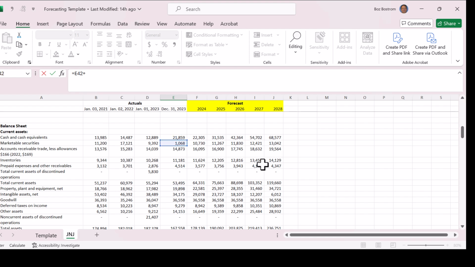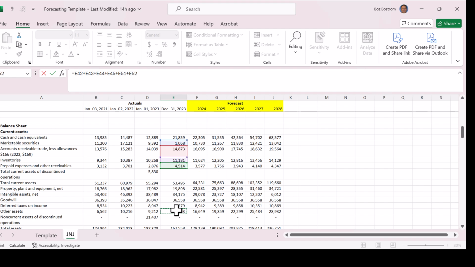But marketable securities plus accounts receivable plus inventories plus PP&E, I don't need to do this total current assets of discontinued operations because they're done. But one thing that I need to do in this situation, I need to do a plus, and then I actually need to click on deferred taxes and other assets.